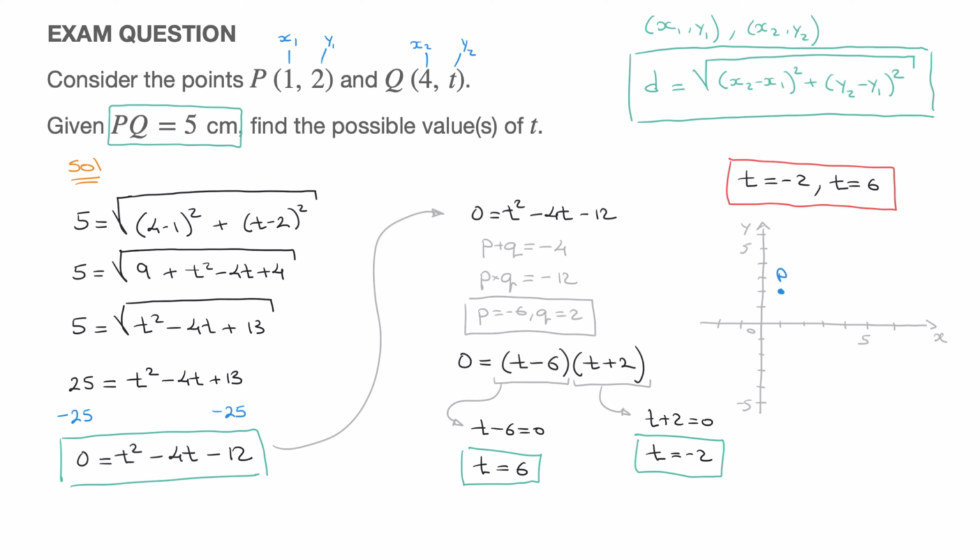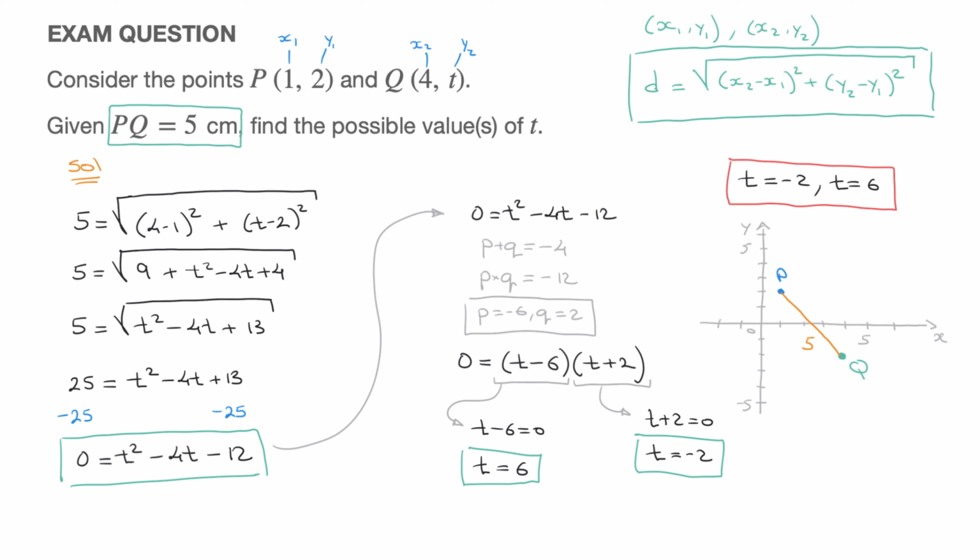And so as we've just seen, one possible solution is that t equals negative 2. In which case the point Q here would have coordinates 4, negative 2. Which would mean that point Q would be right here. So that would be point Q. And the distance between these 2 points, P and Q, would therefore be this length here, and it would equal 5 centimeters.